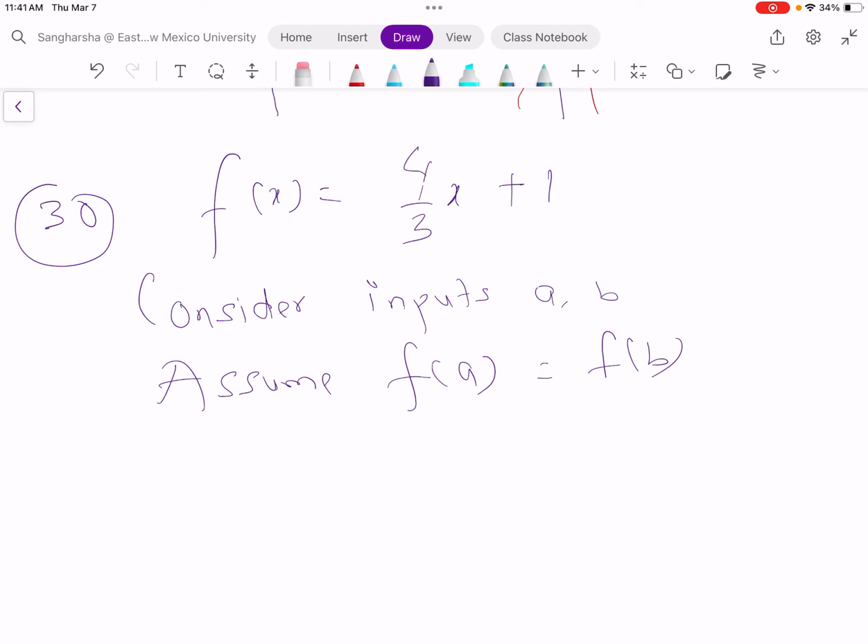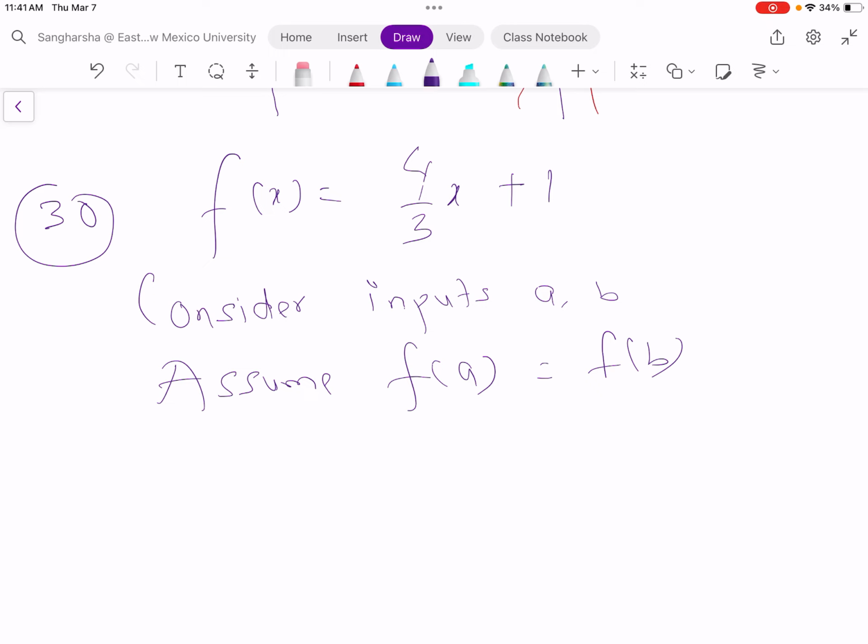We don't know anything about the inputs. The inputs can be the same, or they can be different. At the beginning, we don't know whether they are the same or different, but what we know is that their outputs are the same.